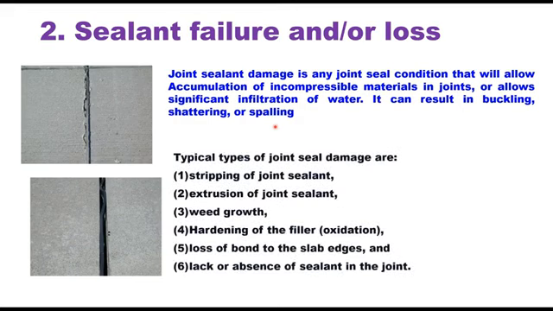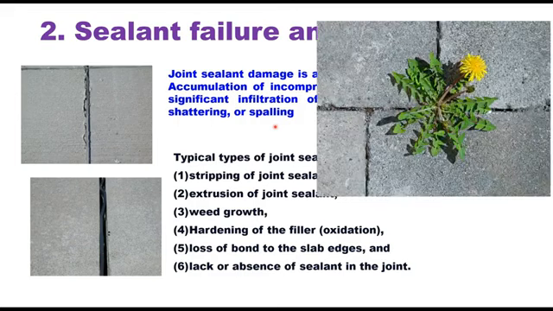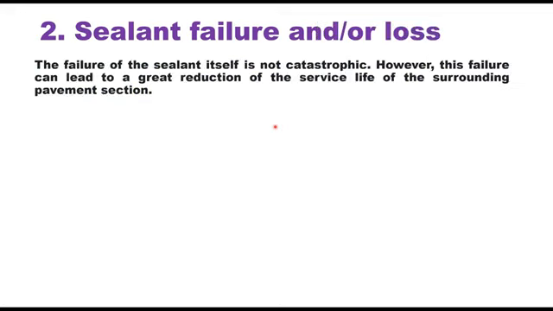Typical types of joint seal damage are stripping of joint sealant, extrusion of joint sealant, weed growth, hardening of the filler due to oxidation, loss of bond to the slab edges, and lack or absence of sealant in the joint. The failure of the sealant itself is not catastrophic, but this failure can lead to a great reduction of the service life of the surrounding pavement section.